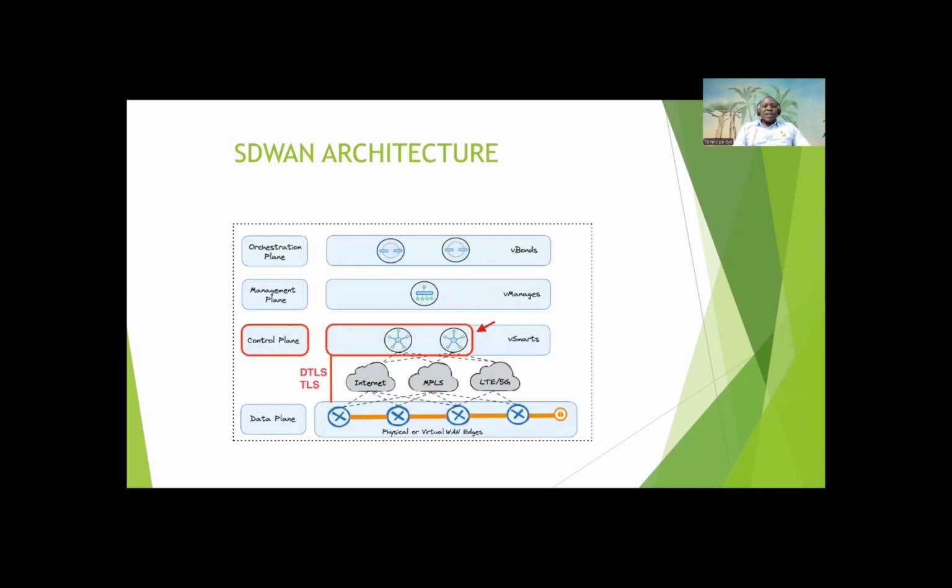If you look at this diagram of the SD-WAN architecture, we have the orchestration plane, whereby you have your vBond, the management plane, where you have your vManage, the control plane, where you have your vSmart, then we have the data plane, where we have our physical WAN edges.